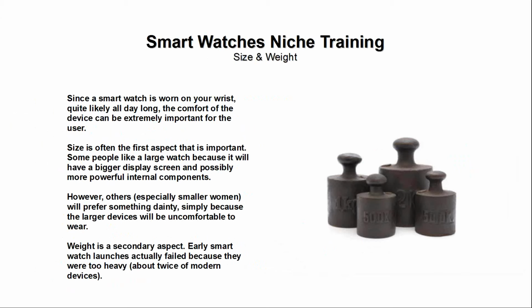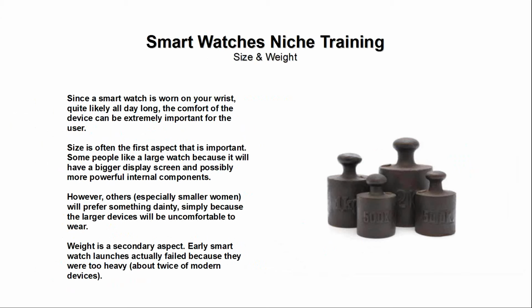Some people have large arms and a large wrist as a result, and having a smartwatch with a really big screen, something that maybe even weighs a little bit more, would not be that bothersome to somebody like that. However, as a contrast, a fairly small woman would likely not be comfortable wearing the largest models of smartwatches that are available.